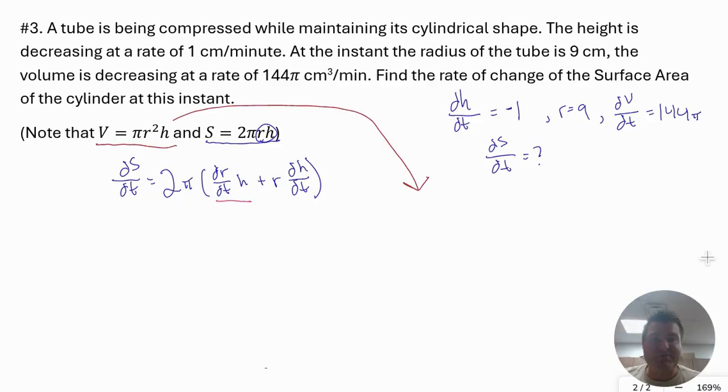But again, I don't have information about volume, but I do know that dv/dt is 144 pi. So I'm going to take the derivative of this. So dv over dt equals, this is going to be another product rule that we have to be sharp on. So this is going to be a pi on the outside, and then I'm going to get 2r dr/dt times h plus r squared dh/dt.